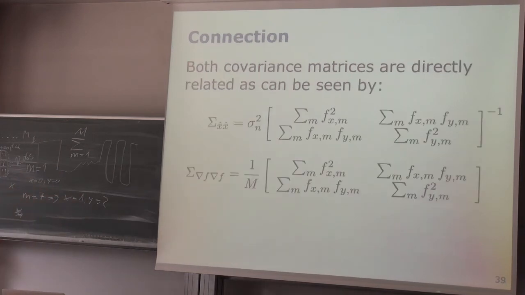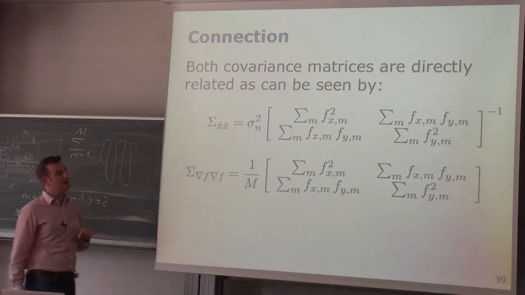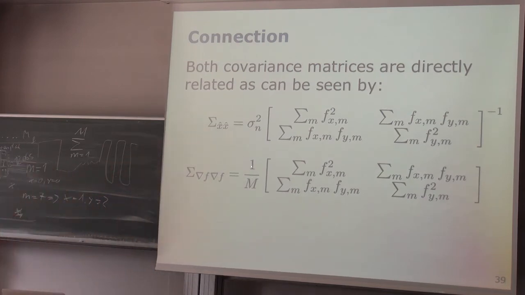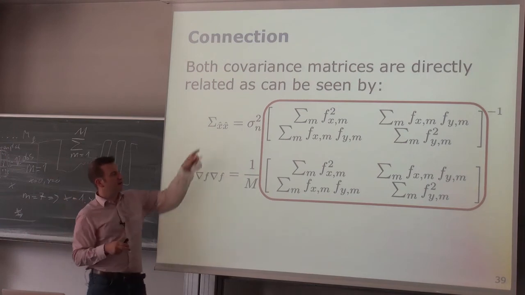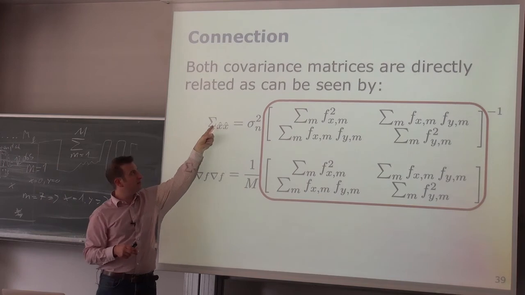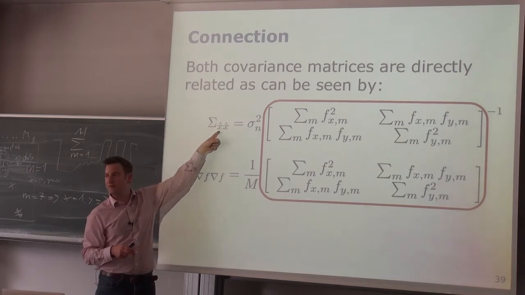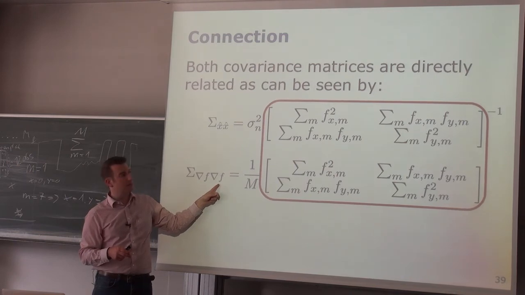So we can now simply copy both covariance matrices, the one we had before and the one I have down here, and simply move this 1 divided by m out of my matrix. We can see that those elements are exactly the same. Again, what I see here is that there's a direct relation between the covariance matrix of the shifts and the covariance matrix of the gradients.